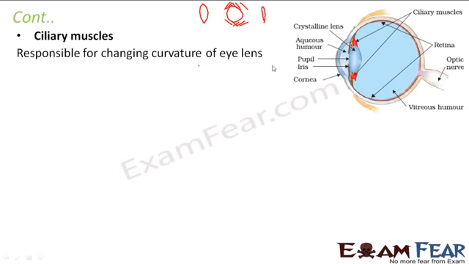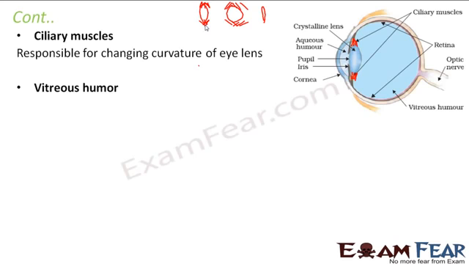As a result, the focal length increases. Whereas when the ciliary muscles contract, the lens becomes comparatively thinner, and therefore the focal length decreases, right? So by expansion and contraction of the ciliary muscles, the focal length of the lens is controlled, and thus by varying the focal length depending upon the object distance, it can always form the image on the retina.